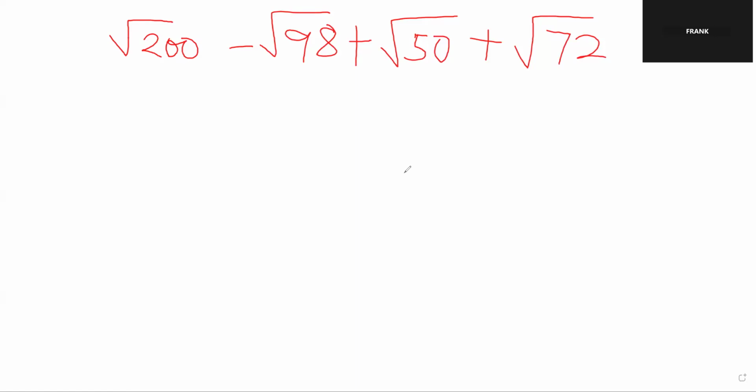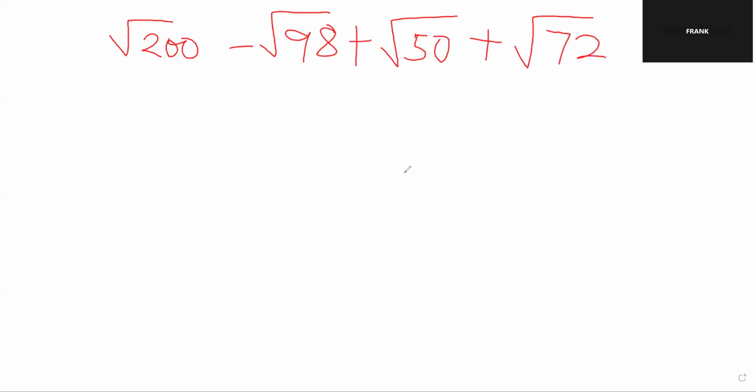So how do you reduce the first set? With root 200, we can look at the perfect square that can divide it. 4 can do 4 times 50. If you go further, we can have others, but the highest we can have is 100.